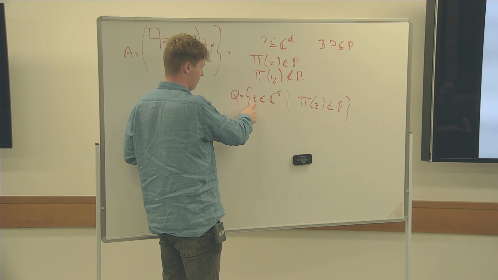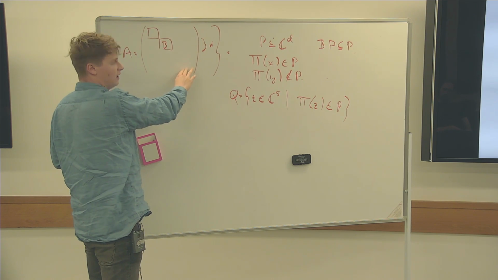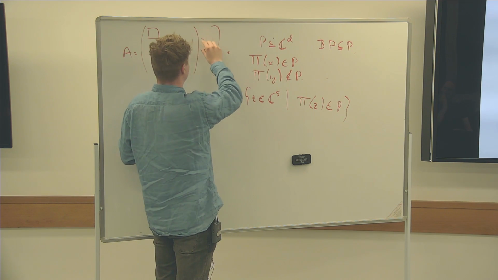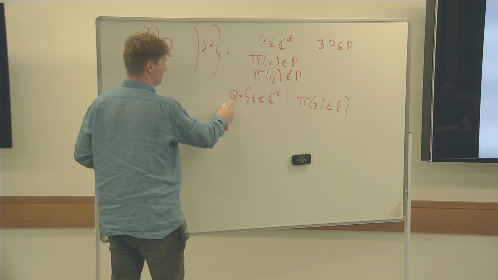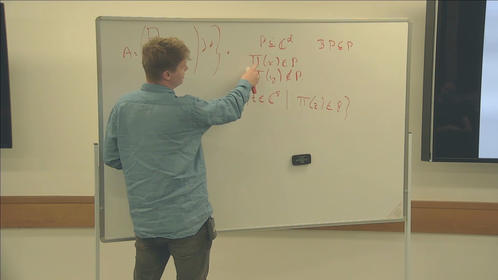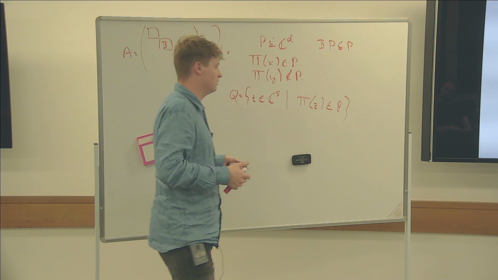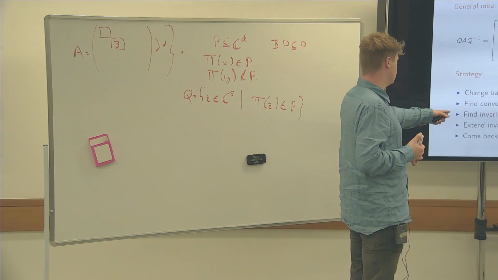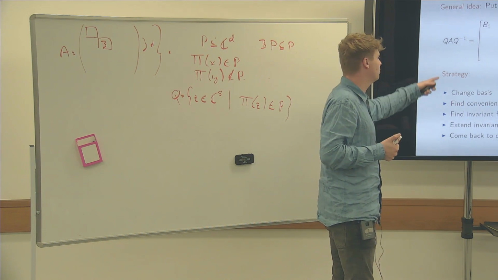Well, if I have a Z, the fact that this is diagonal means that the coordinates that are not in this block will not interfere when we check invariance. Yeah, so it's fairly easy to see that Q is invariant, and then it contains X and not Y. Okay, so this is not the hardest thing. So that's how we extend the invariant to the full matrix, and then we can do the base change.